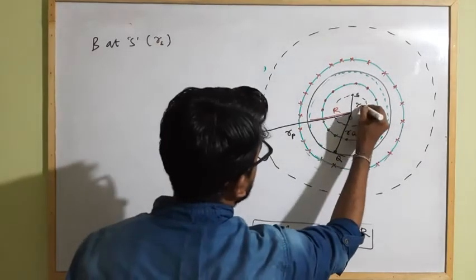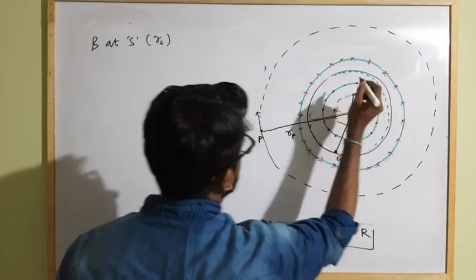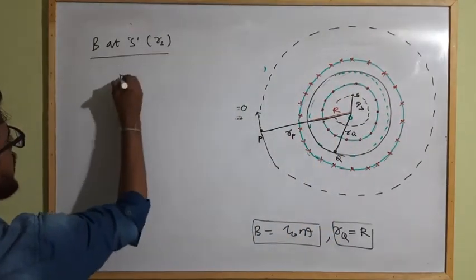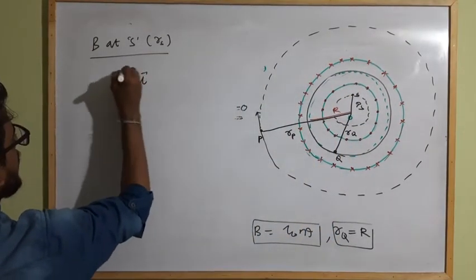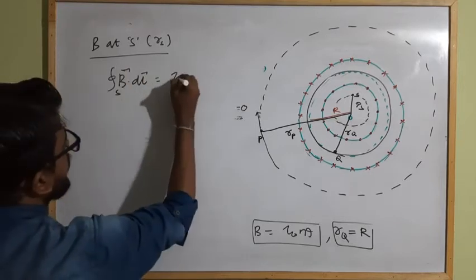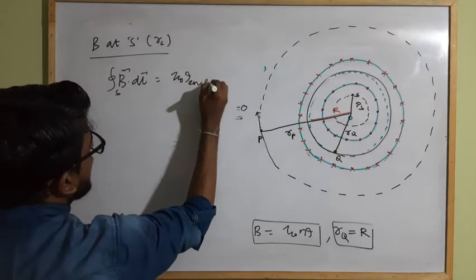This distance will be RS from this point. So we have to assume an Amperian loop of radius RS. Now by Ampere's circuital law, the closed integral of B dot dl over S will be how much? Mu naught I enclosed.